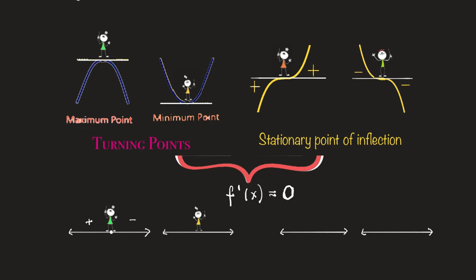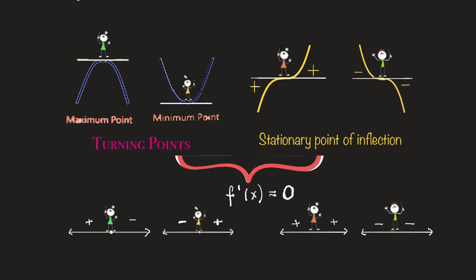And similarly, for our minimum point, the slope is negative on the left-hand side, and it goes up on the right-hand side. Now, for our stationary points of inflection, the slope for this curve would be positive, positive. So we can write positive on this side and positive on the other, whereas on the other curve, it's negative, negative.